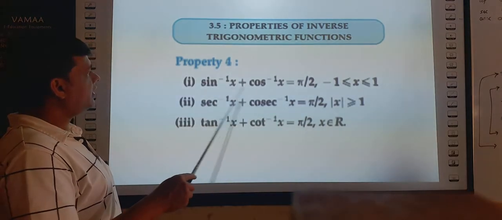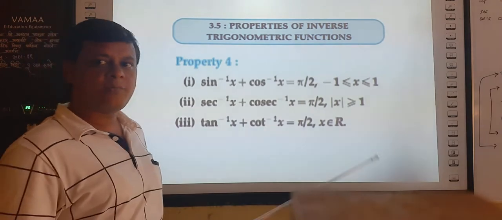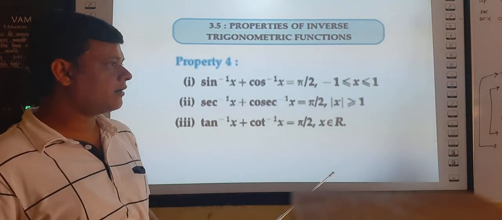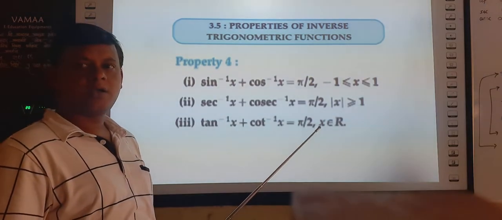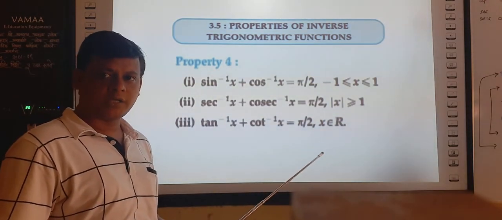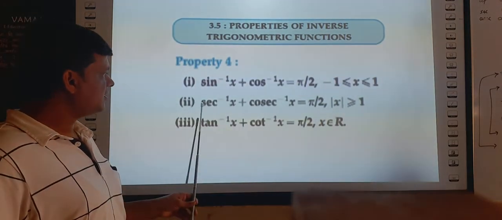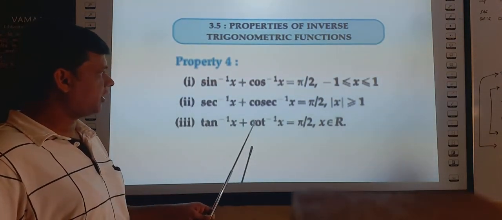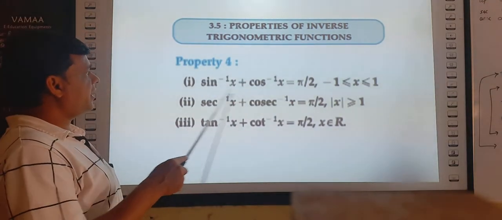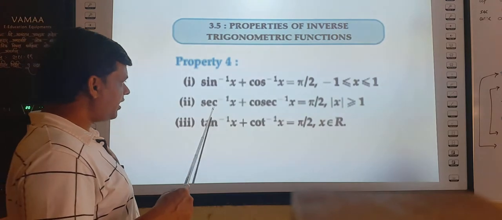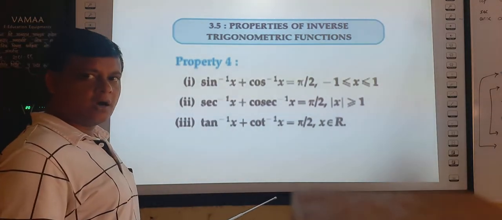Now you can remember this by making the opposite pairs that we already discussed in part 1 and 2. So you have to make pairs of sin with cos, tan with cot, sec with cosec. If you observe the pairs sin cos, sec cosec, tan cot, here we are taking the opposite, here we are taking the opposite, and here also we are taking the opposite.